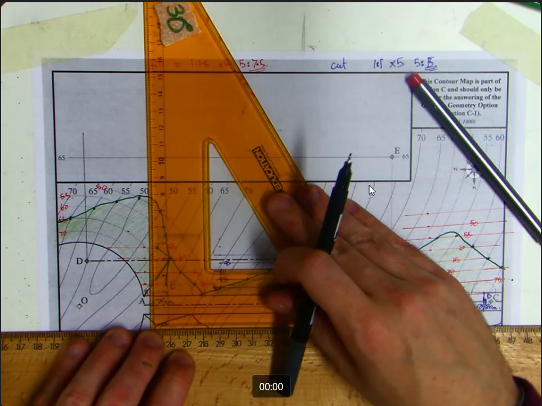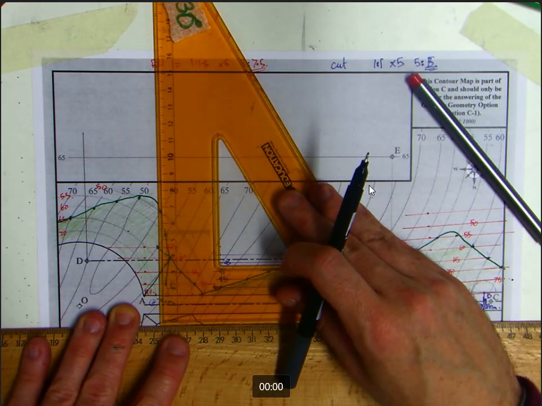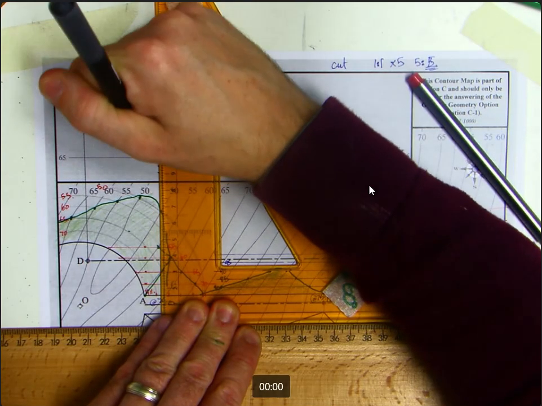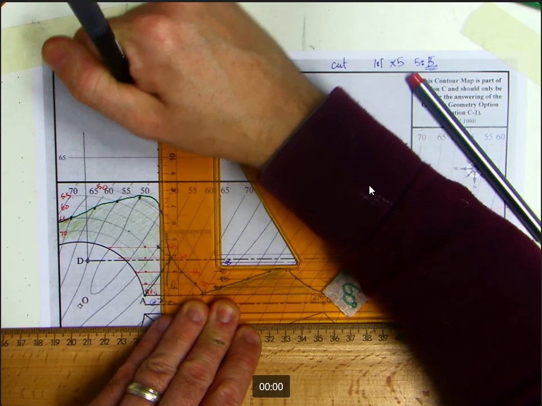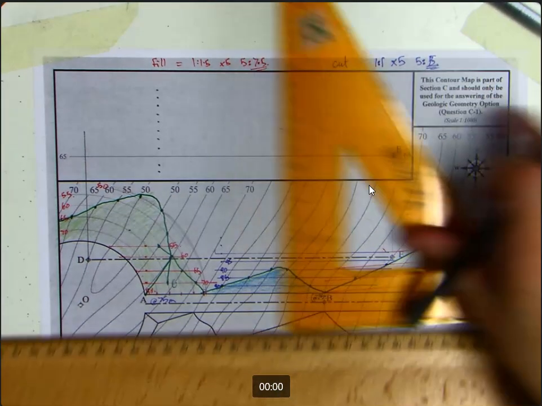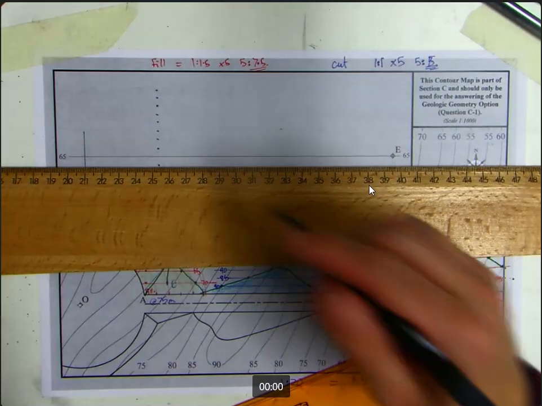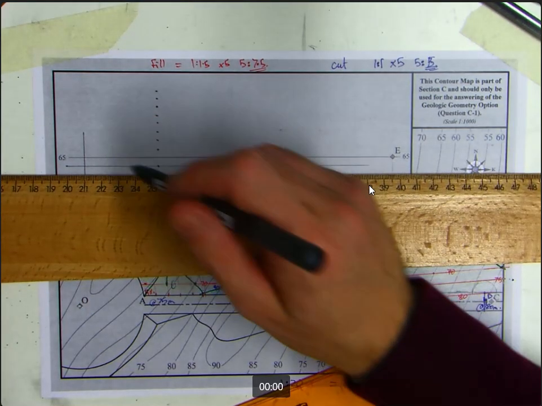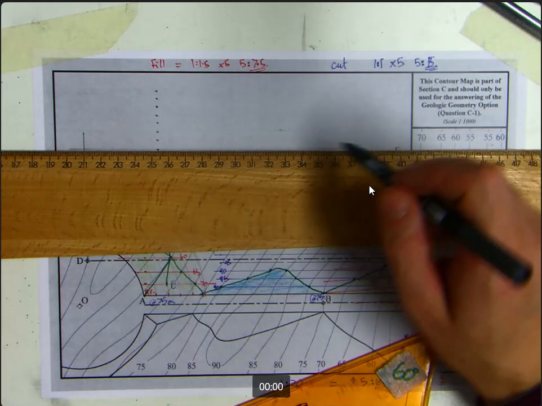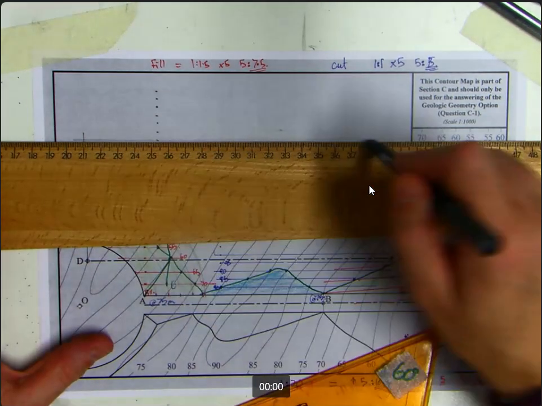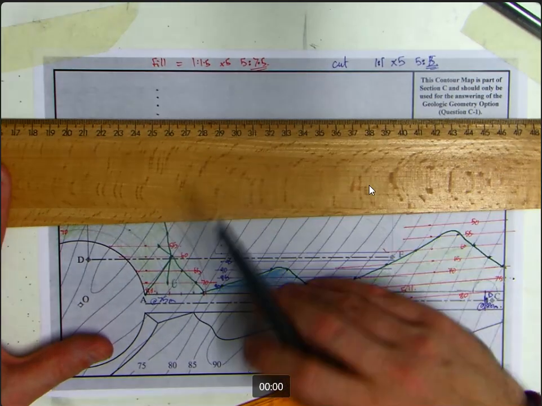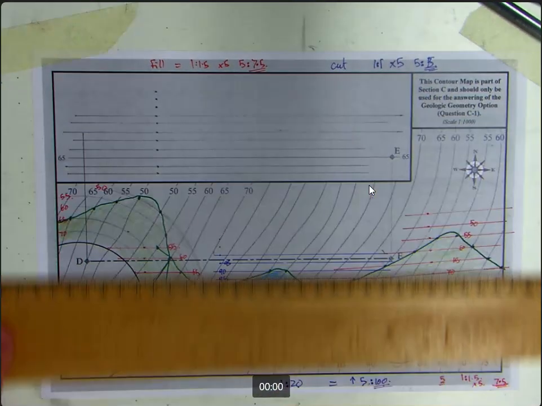Bring up D. So before we do that, actually, this is at 65. I'm going to go in 5s, so 5, 10. 65, 60, 55, 70, 75, 80, 85, 90.